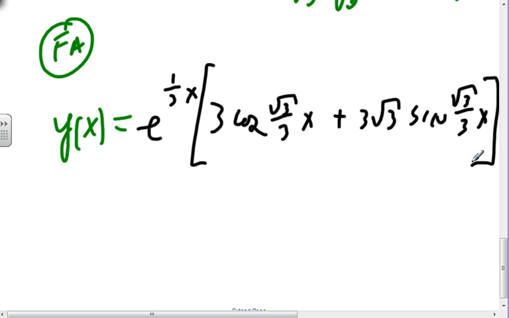That would make a difference. 2.3, number 22. e to the minus... Where did my minus sign go to? 3 cosine plus 5 square root of 3. Oh, bummer.